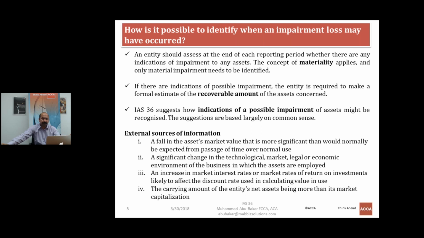Like for one of our clients, a subsidiary of Wholesale, there was an indication of impairment of their fixed asset because a competitor emerged, and the company was unable to compete with that competitor. The reason being, there was a huge difference between the price being charged by Wholesale and the price being charged by the competitor.